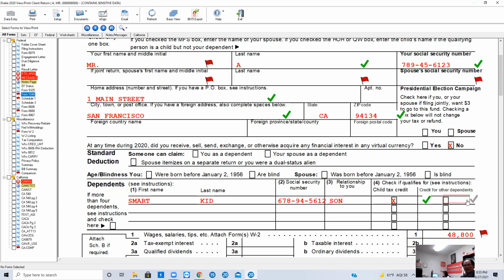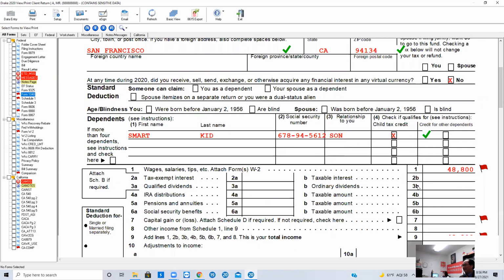But if your kid turns 17 in the year or is over 17, you only get $500. I don't know why the tax law uses 17, not 18.